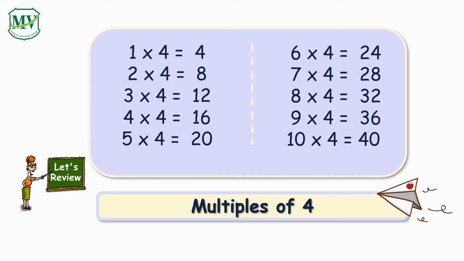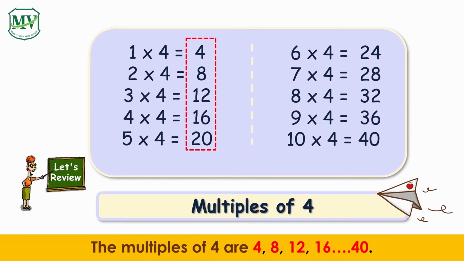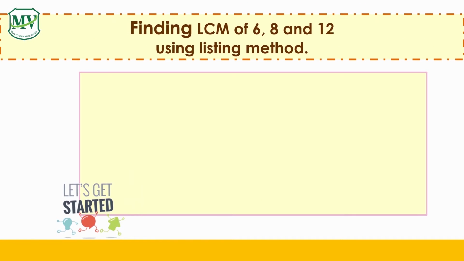What are the first 10 multiples of 4? You're fast! The first 10 multiples of 4 are 4, 8, 12, 16, 20, 24, 28, 32, 36, and 40. Are you ready? Let's get started.